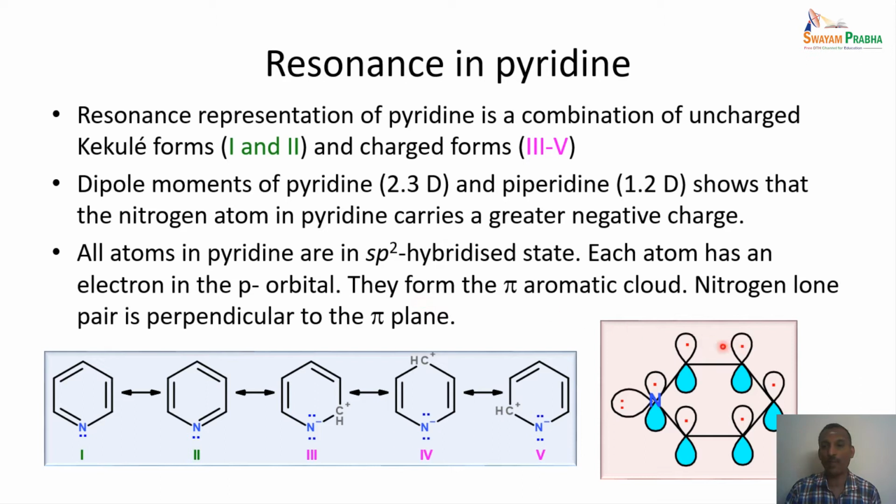They form the pi aromatic sextet, 6 electrons forming the pi ring. The nitrogen has a lone pair of electrons which is in the plane, perpendicular to the p orbitals. This lone pair is not involved in the pi bonding, which makes the nitrogen more basic, because it is available to act like a base.